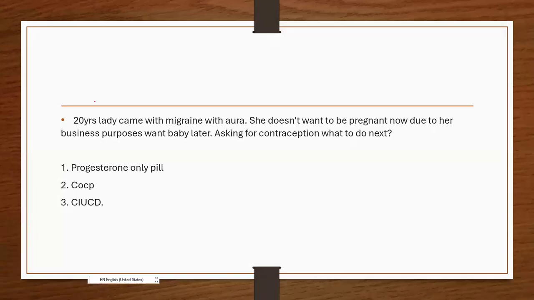Again, a 10 year lady came with migraine with aura. She doesn't want to be pregnant now due to her business purposes. She wants a baby later and is asking for contraception. What to give? 1. Progesterone only pill, 2. COCP, 3. Copper IUCD.